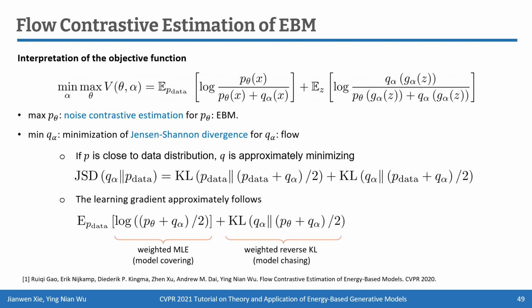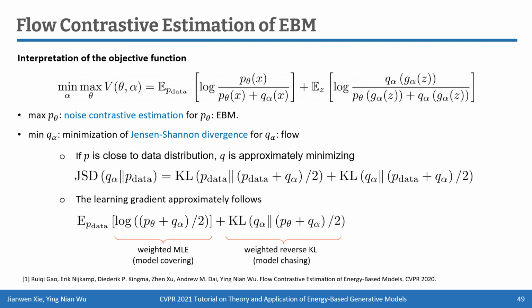For the energy-based model, it just follows noise contrastive estimation, where the noise distribution is the flow-based model. But the learning of the flow-based model is minimizing the so-called Jensen-Shannon divergence from Q_alpha to P_data, assuming the energy-based model is a very good surrogate for the data density.